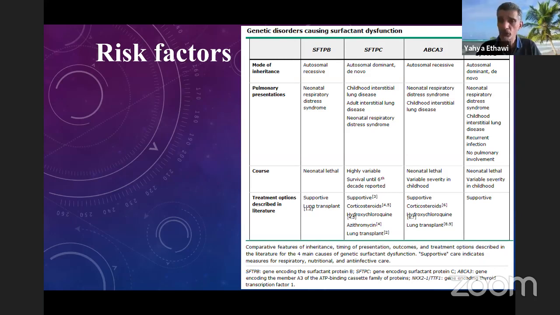You give surfactant, the child resolves within 24 hours. Once the surfactant is used and there is no new production of surfactant, then the child deteriorates and so on. You give another surfactant, improve and deteriorate. So these are the most significant findings. Also remember that the surfactant has some anti-infection property and the child may be prone to infection.